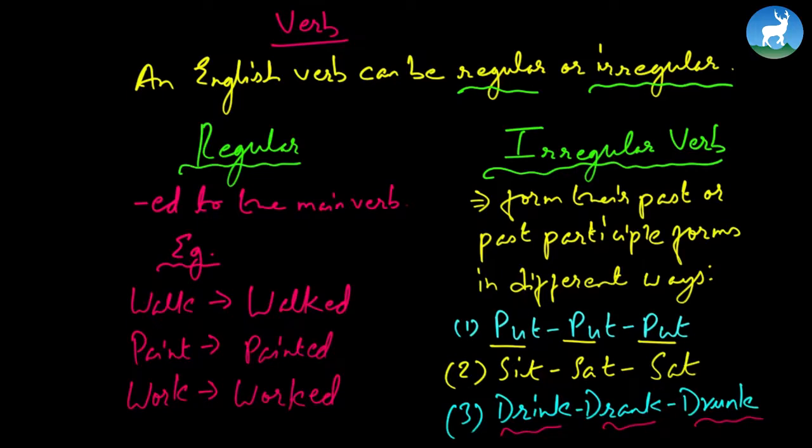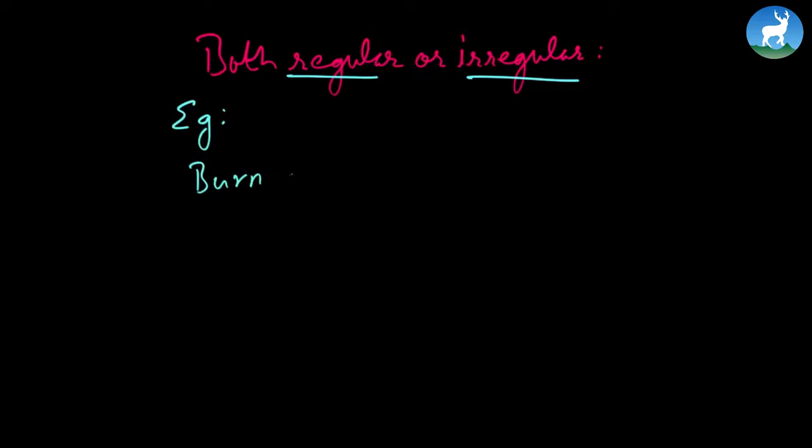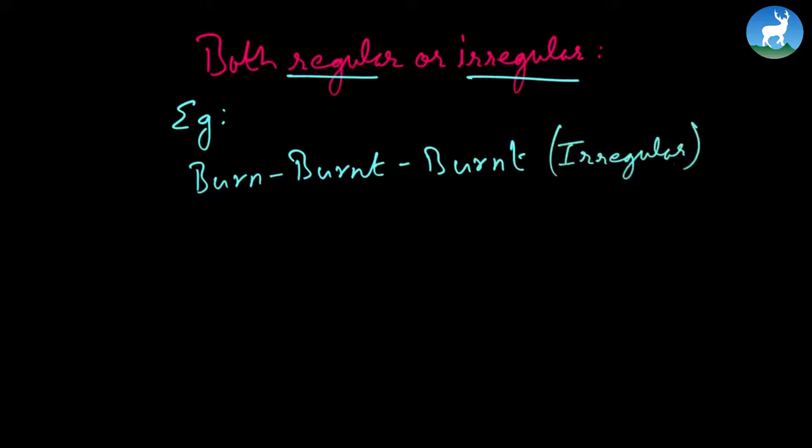And for your information, some verbs can be both regular and irregular. How? For example, look at this. Burn, burnt, burnt. This becomes irregular. And second, the same verb, burn.